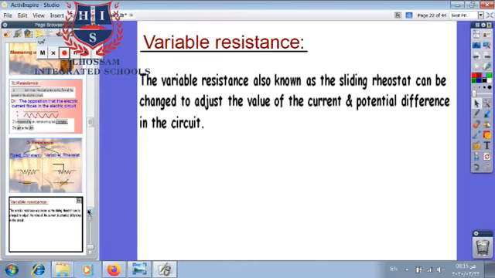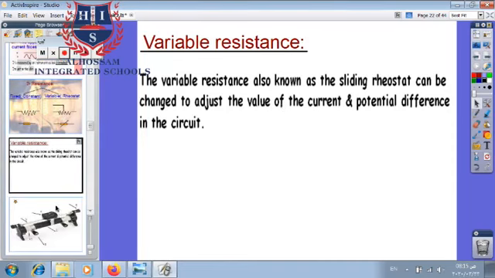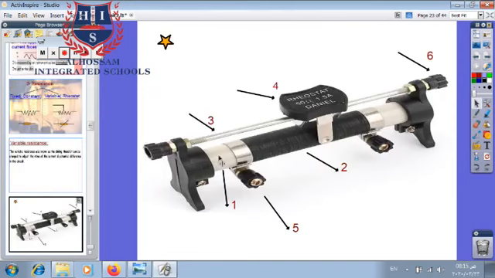And now we will study the structure of the variable resistance, or the rheostat. This is the variable resistance. It is connected to the electric circuit, and this is the way where the current enters the electric circuit.